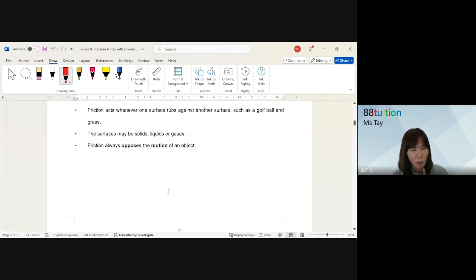In science, they don't really mark for language, you know. Your is, are, was, were, wrong also never mind. You know what I mean? So if you say atoms is, nobody's going to mark you wrong, right? It should be atoms are. Okay, in science, they don't mark you for grammatical error or any language related error, unless it's spelling. Spelling, they are particular. So you spell atoms, you cannot spell it as A-T-U-M-S.